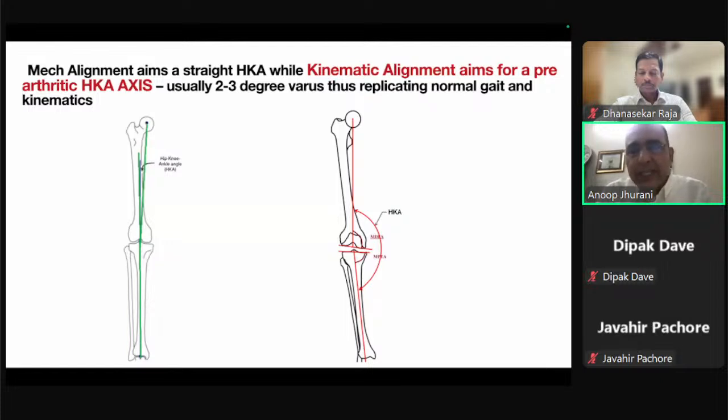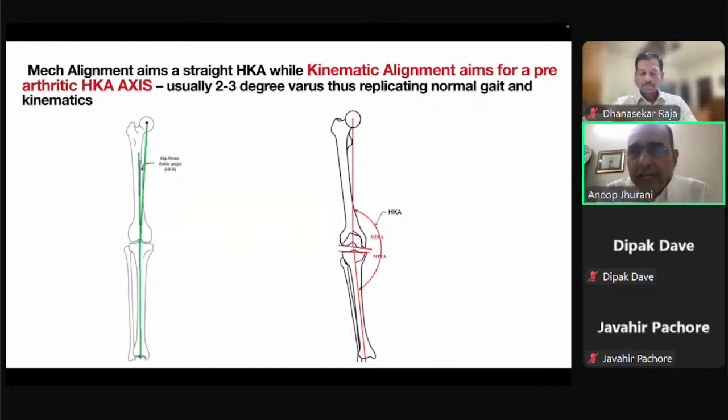Mechanical alignment basically is cutting the femur and tibia perpendicular to the mechanical axis and then releasing the soft tissues to obtain a straight HKA. That's the basic principle or premise of mechanical alignment, and it's confined to the coronal plane primarily. It does not talk of the sagittal plane or the axial plane.